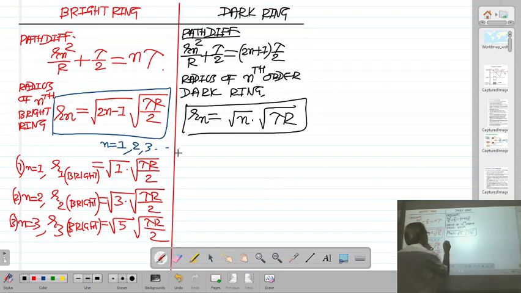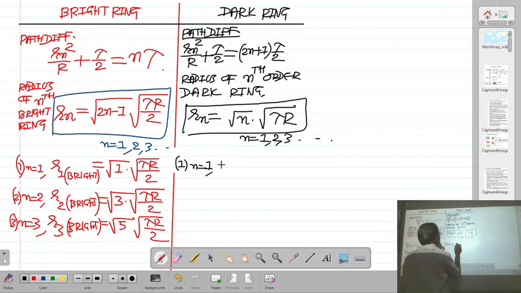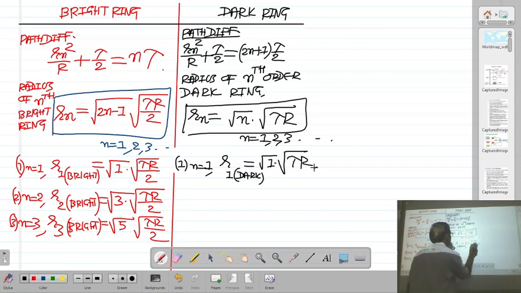Now suppose you want to calculate the radius of the first dark ring, I take n is equal to 1. So for the first dark ring, n is 1, so it is under root 1 under root lambda r.